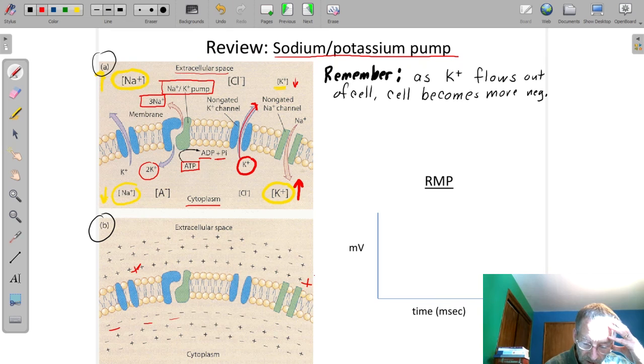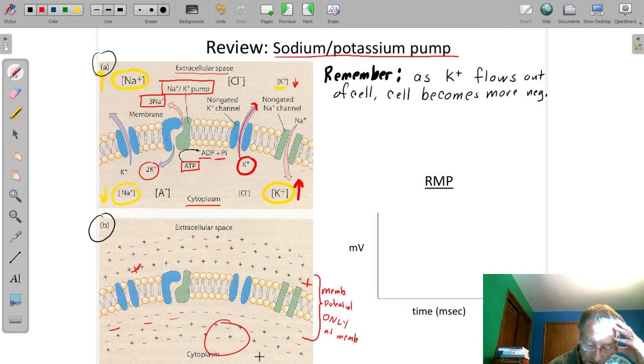Notice, though, that this difference is only at the membrane. So this is our membrane potential, our electrical potential. It's only at the membrane. If you look deep inside the cell, it's neutral. The charges are canceling each other out, and the same outside.